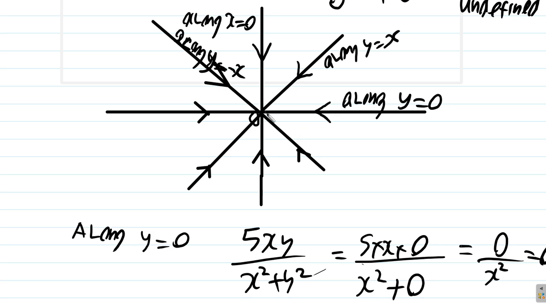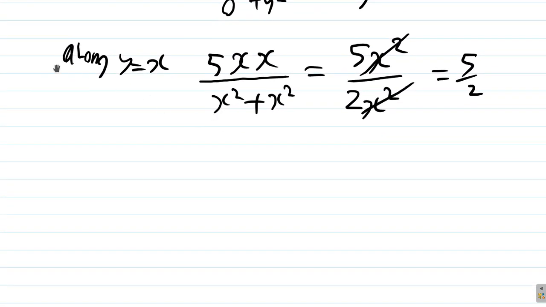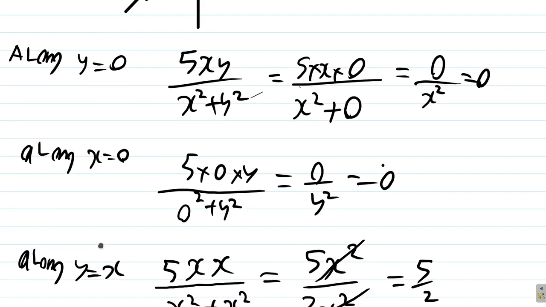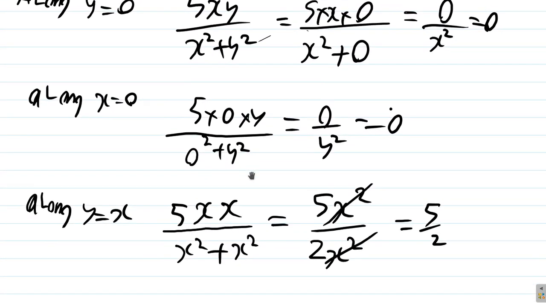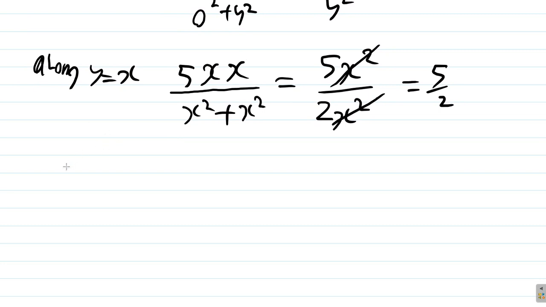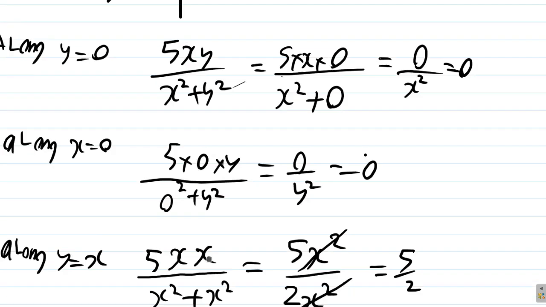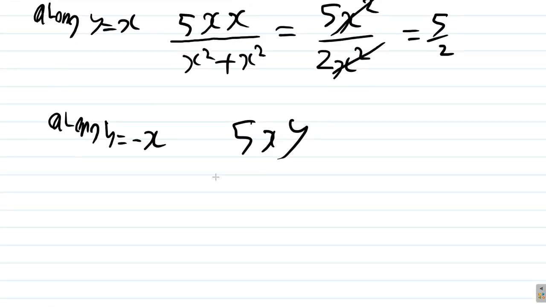Alright? Two of the answers were the same, yes, but when you try the third path, you get a different answer. Suppose we also tried y equals negative x. Then in that case, along y equals negative x, you have 5xy divided by x squared plus y squared.